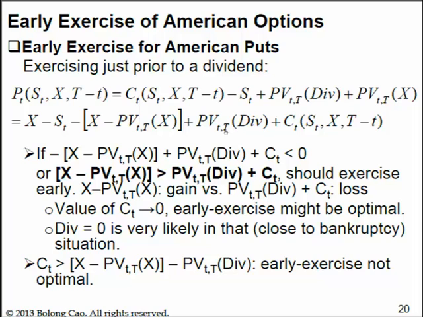And again, what we do is put the excess value back. If we exercise the American put option early, we get the strike price minus the underlying. Because I have added the strike price, I need to deduct it. So this is basically the negative of the time value of money for the strike price. Then again, plus the present value of the dividend, plus the value of the American call option.